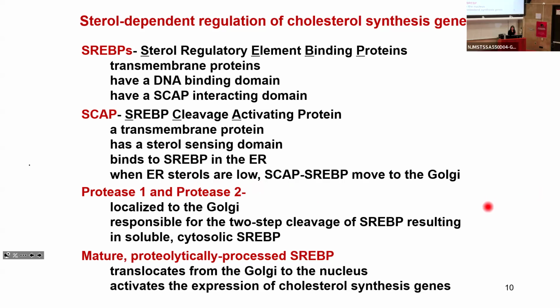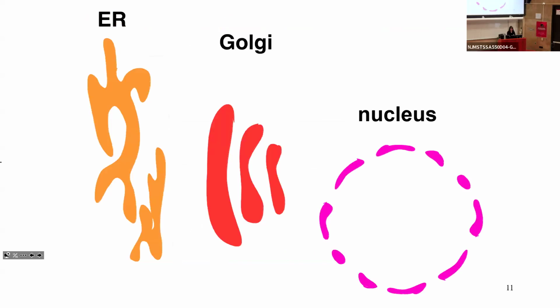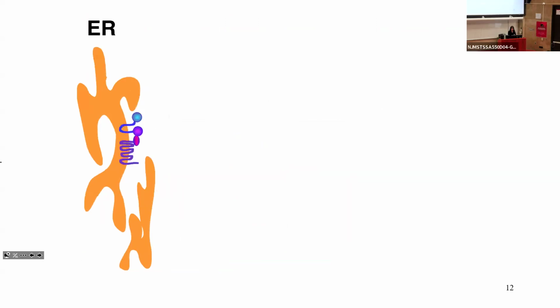And once it's in the Golgi, there are going to be two proteases that are going to clip this complex, and now this maturation process is going to occur, so that the SREBP, which is a transmembrane protein, is now going to be released from the membrane so it can go into the nucleus and activate transcription. So it's easier to see it in pictures. So we're going to be talking about three organelle systems, three membrane systems shown here.